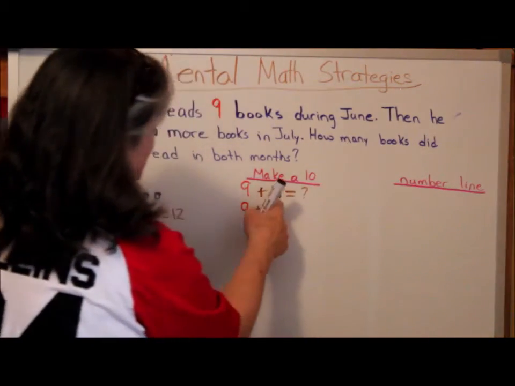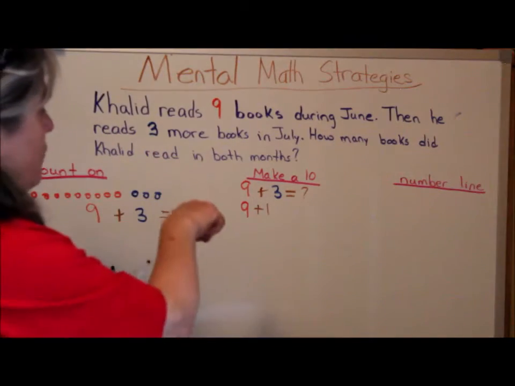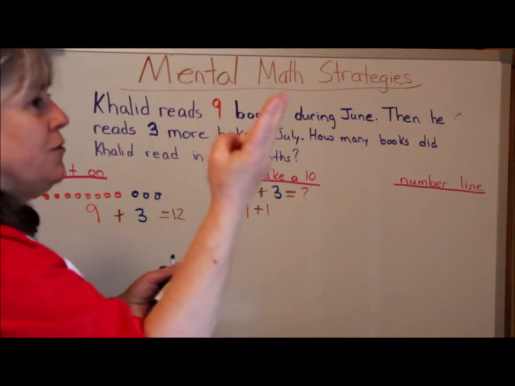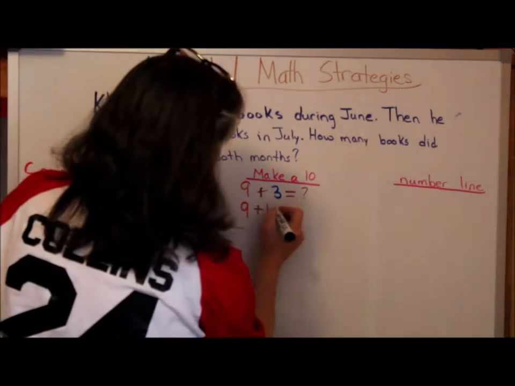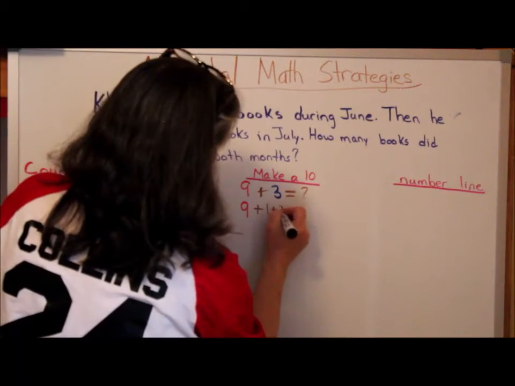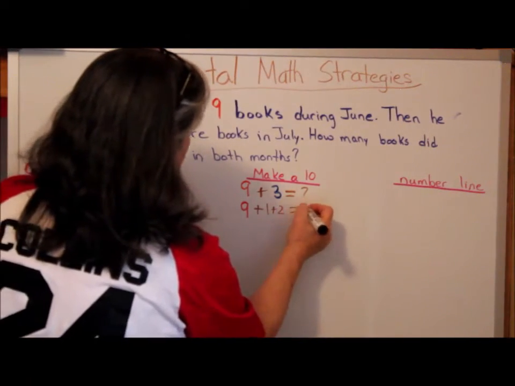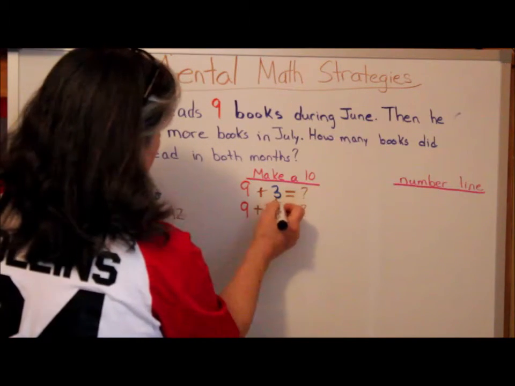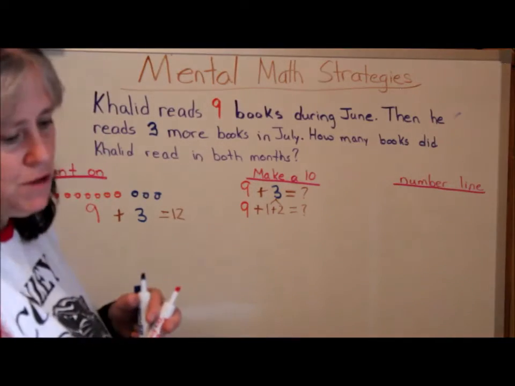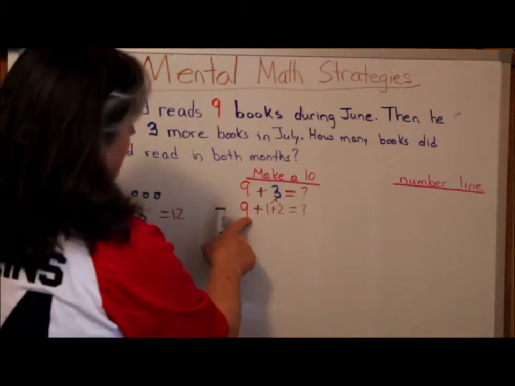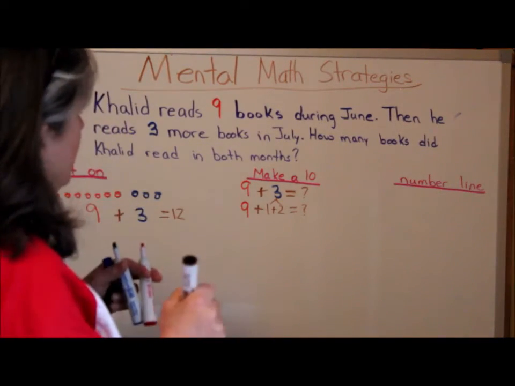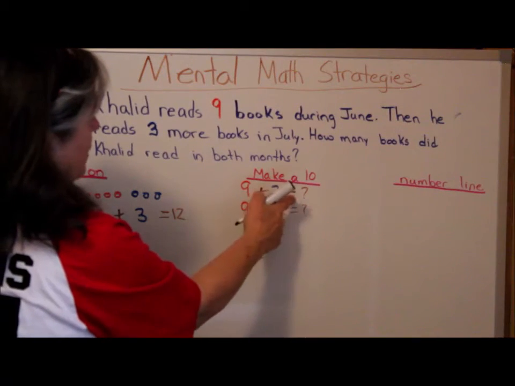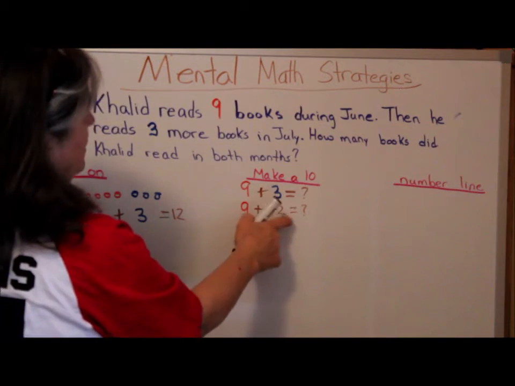And then, but I still have more left in my 3. So I have 1, 2, 3. So 1 plus 2 is going to equal 3, right? So I have my 3 turns into 1 plus 2. And I still have my 9. Okay. So this is true, right? 9 plus 3 is the same as 9 plus 1 plus 2.